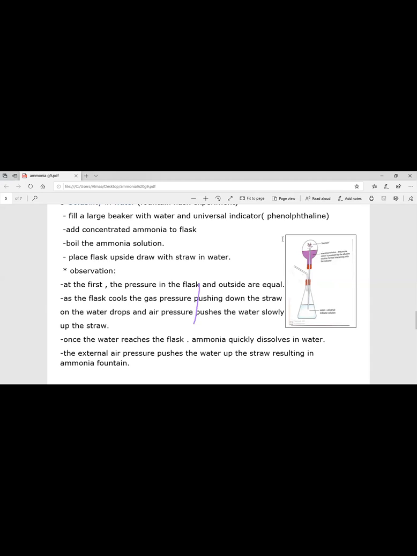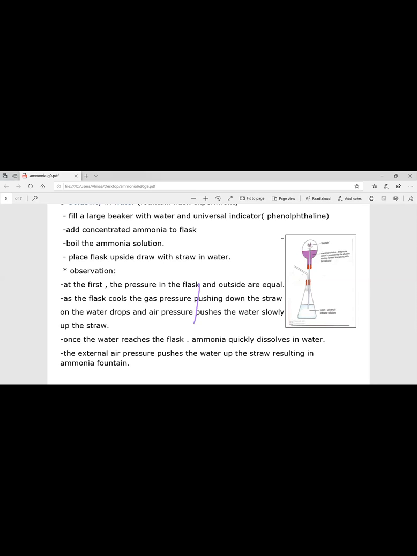Place the flask upside down with the straw inside the water. Observation: at first, the pressure in the flask and outside are equal. As the flask cools, the gas pressure pushes down the straw on the water drop, and the air pressure pushes the water slowly up the straw.